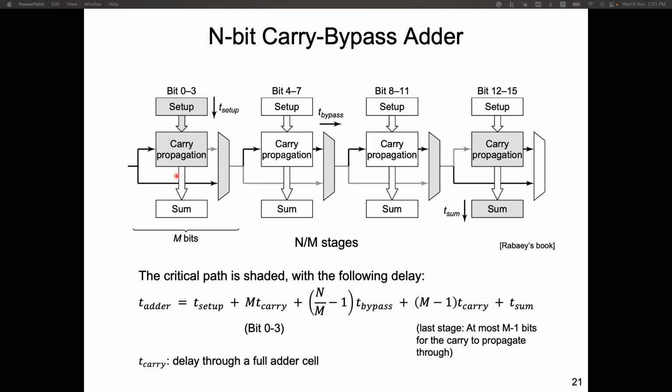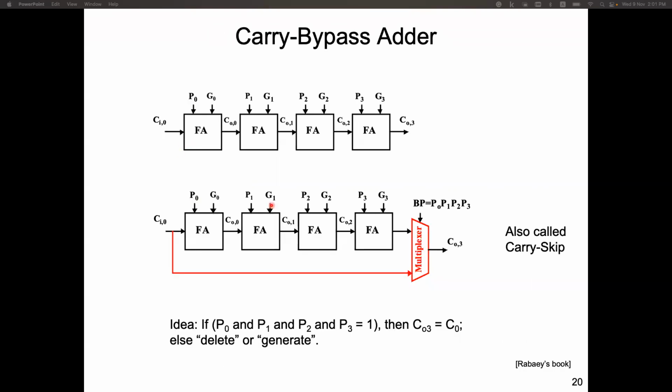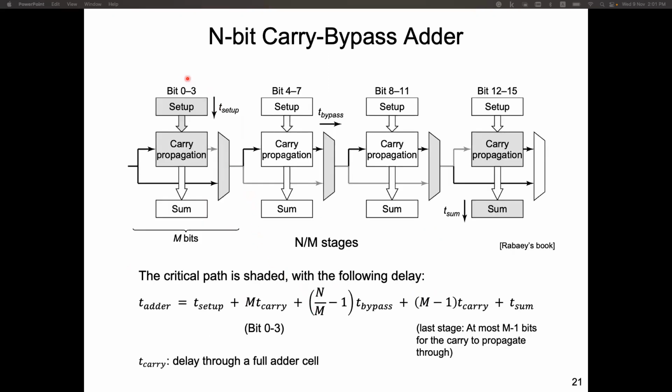Like before, in each stage we have a setup. Setup is to generate the G and P signals, and a carrier propagation like this, basically. So we need to set up the G and P and this cell, and finally generate the sum output. So in one stage we have this setup, carrier propagation, sum, and a multiplexer.